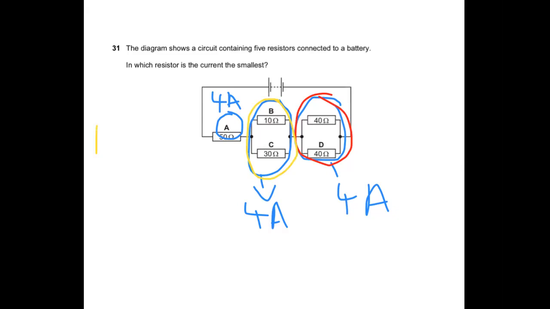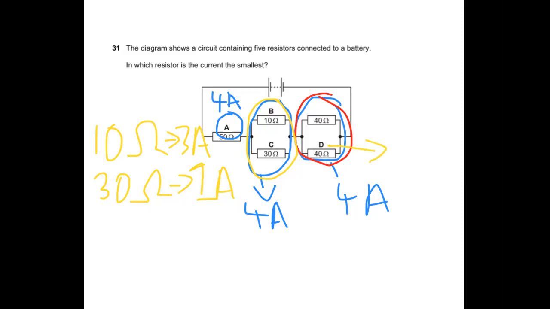So the resistor with 10 ohms will have 3 amperes and the resistor with 30 ohms will have 1 ampere. Now for the smallest, in D, the current was 2 amperes because it is divided equally. Over here it's 4, so the smallest current is in option C.